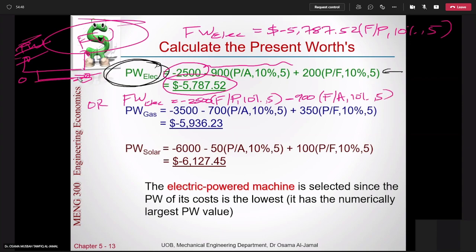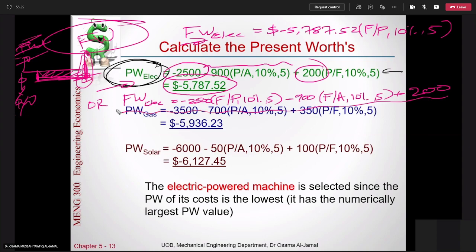Because we want to shift that part, and instead of finding one to the left to find the present worth, no, we want to find one at the same period as the last cash flow. Plus the last one here, we have that 200 as it is. 200. Why? Because we want to find at time 5 and that 200 is at time 5. You can use this one to find that future worth, or you can do it in this form.